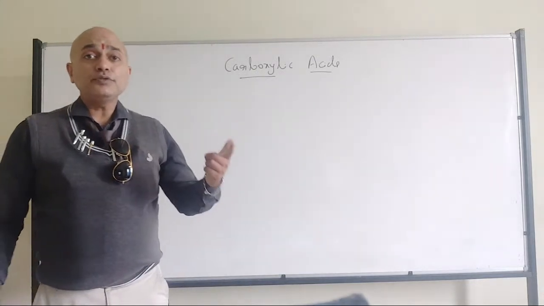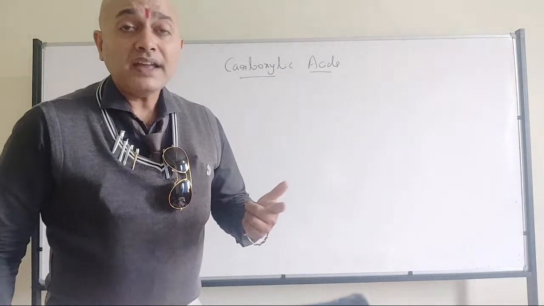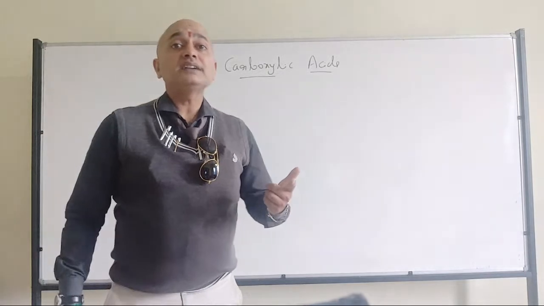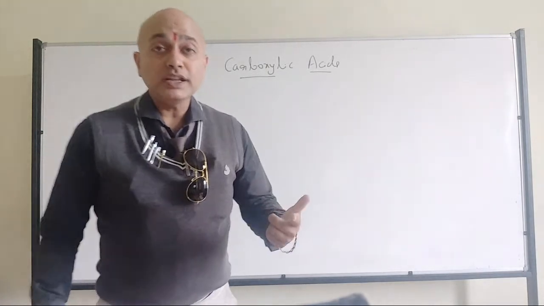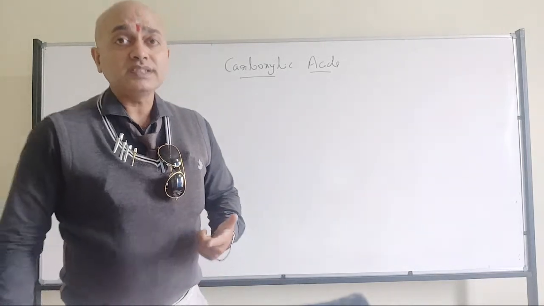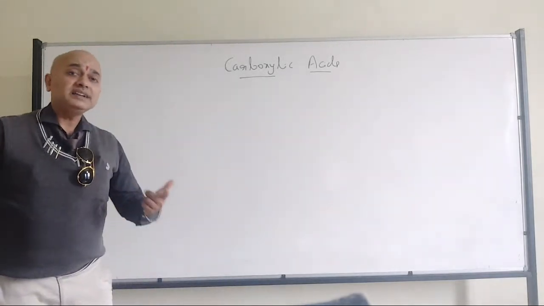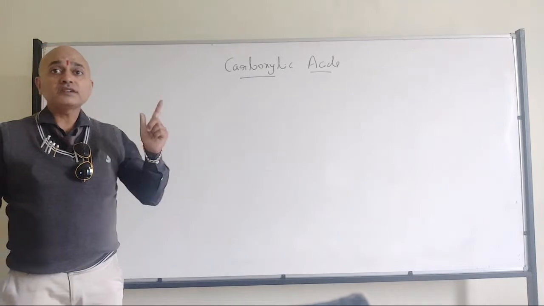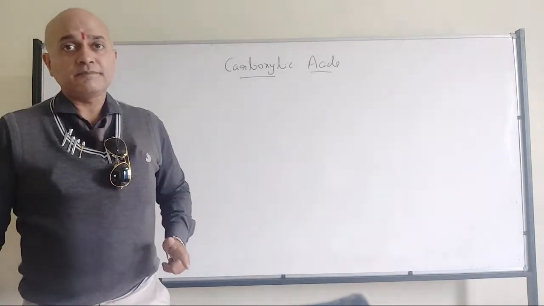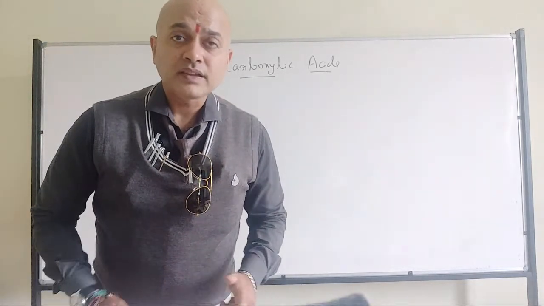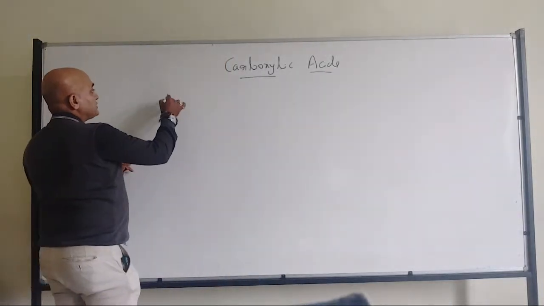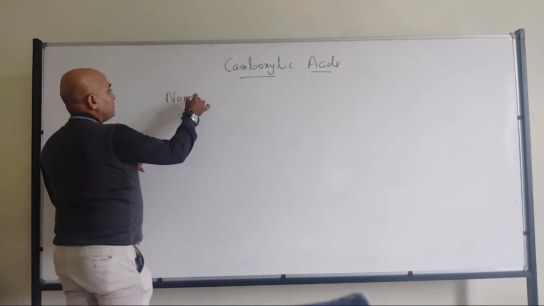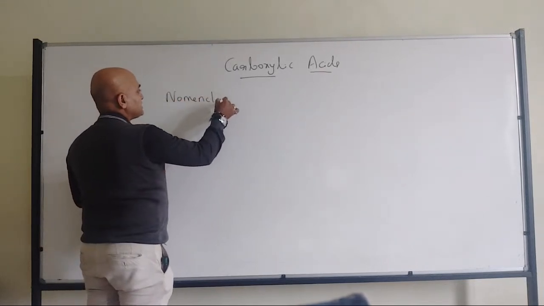These are the two important points where they differ from aldehydes and ketones. Although all of them have the carbonyl group, carboxylic acids still differ because of these two major points. Okay? Fine. Now we will move to the nomenclature.